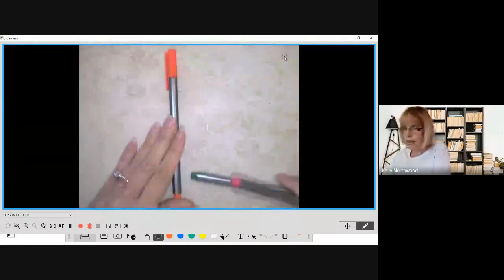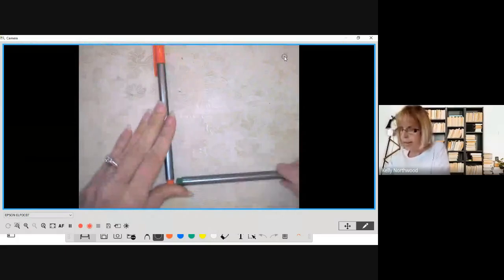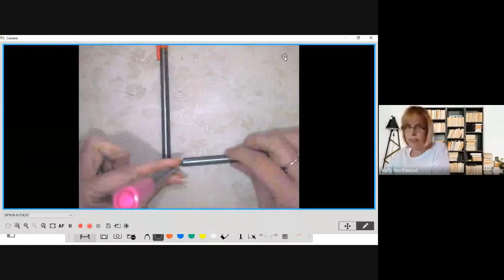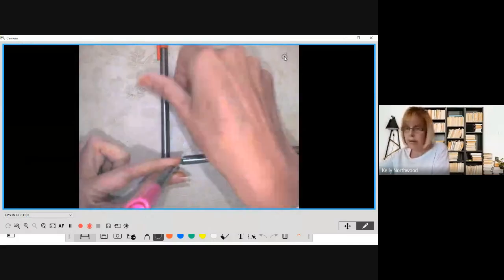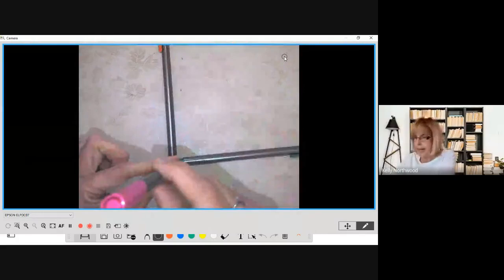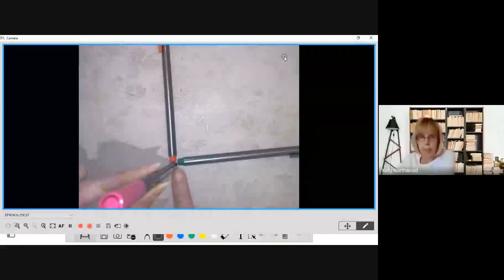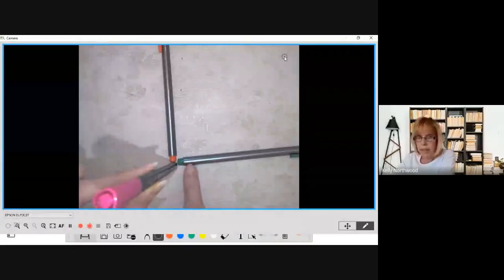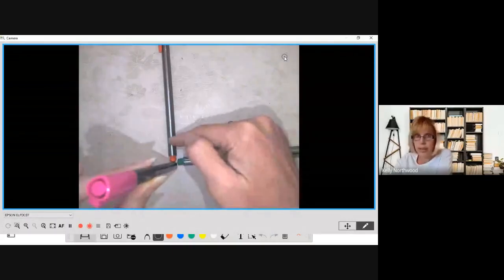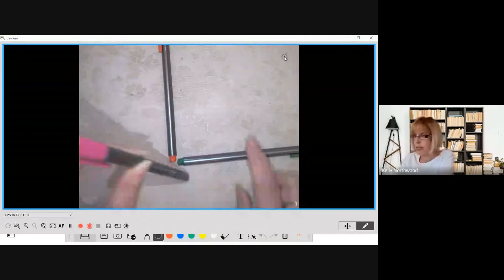Here's my y-axis, and then my x-axis is coming out at you. You can see that there, hopefully. And we know that i hat is 1 unit in the positive x direction, so 1 unit up the pink pen here. j hat is 1 unit in the green pen direction, and k hat is 1 unit in the orange pen direction. Just a little reminder of what those are.